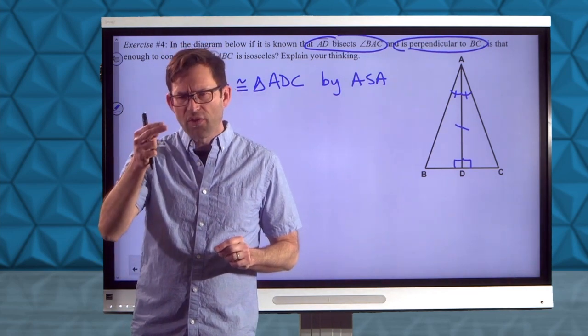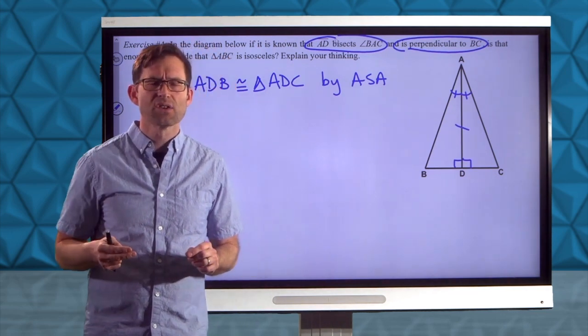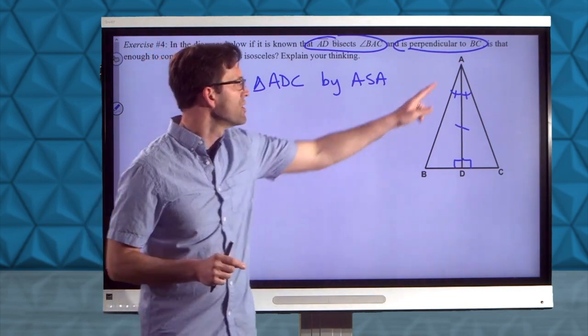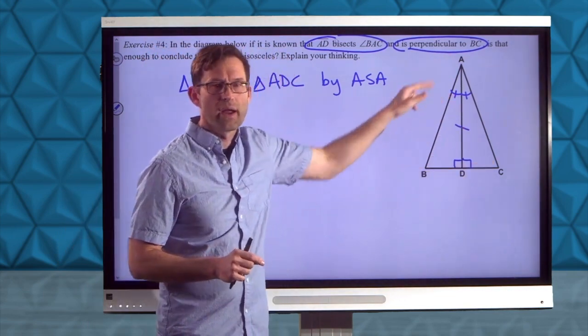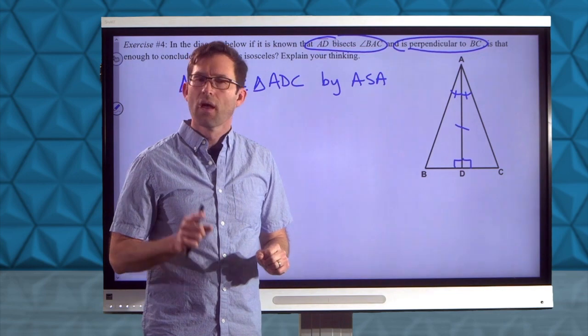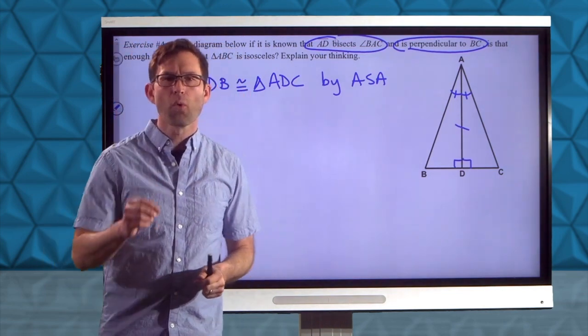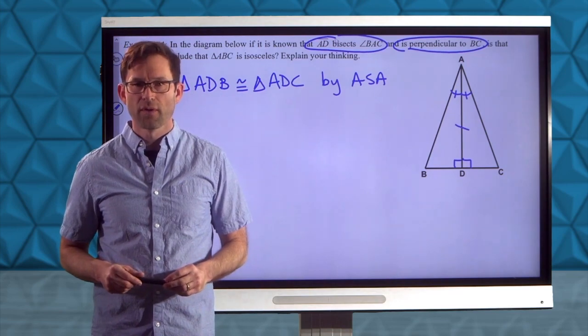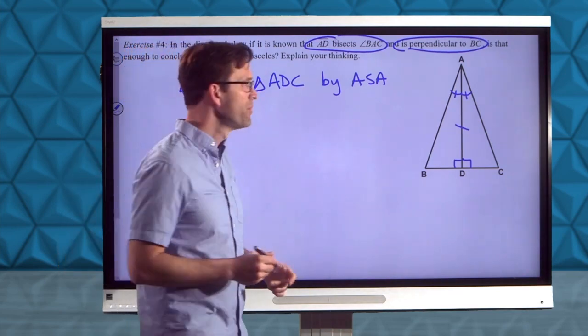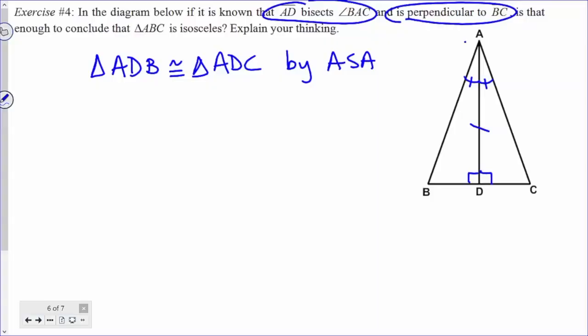Well, going back to what this problem has asked us, do we have enough information to know that this larger triangle is isosceles? Well, what is an isosceles triangle? An isosceles triangle is one that has two or more sides that have the same length. Well, it sure looks like this and this are the same length, but do we have enough information to conclude that?